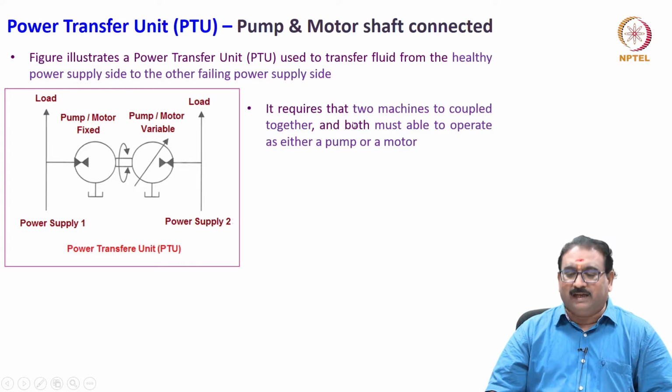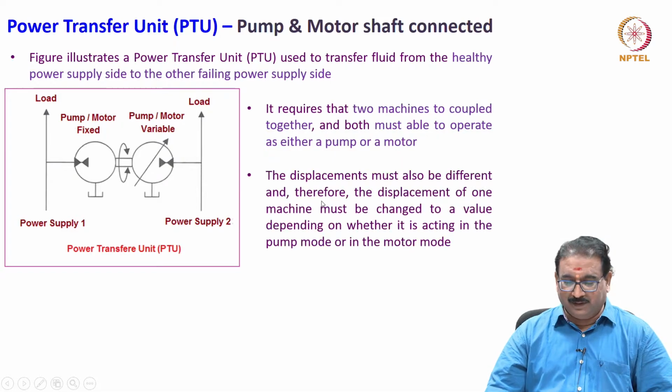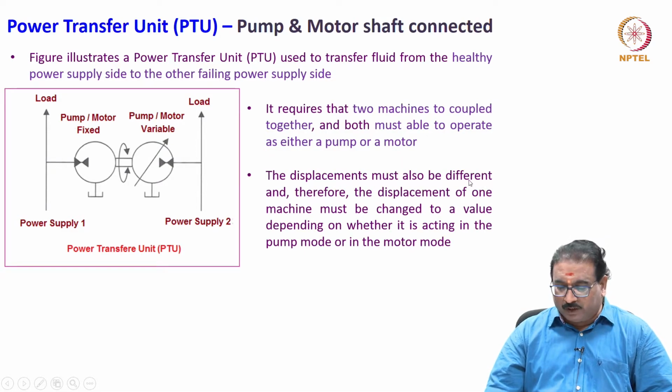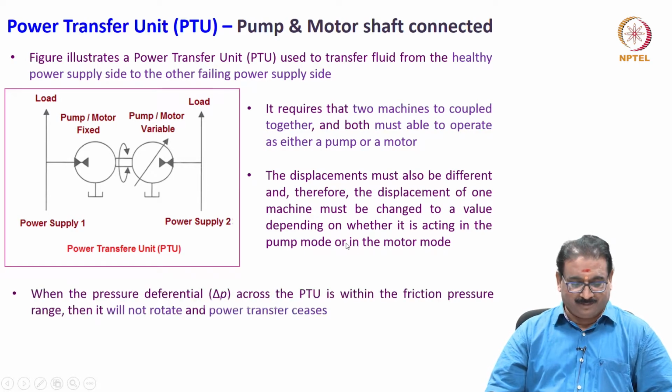It is required that the two machines be coupled together and both must be able to operate as either a pump or a motor. The displacement must also be different, and therefore the displacement of one machine must be changed to a value depending on whether it is acting in the pump mode or in the motor mode.